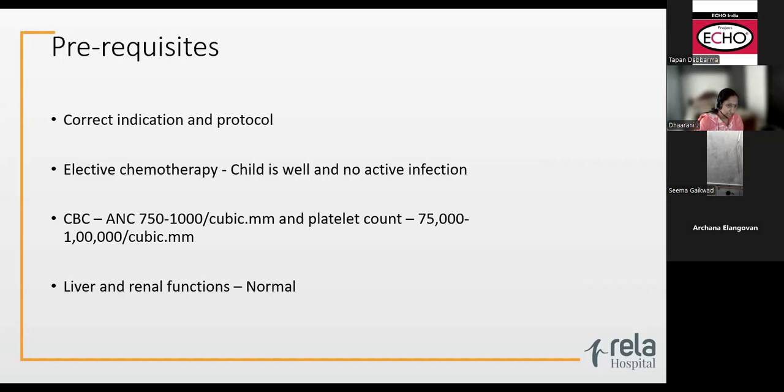We print the sheet, discuss it with the parents, keep it in the file or with the parents, and keep labeling the dates. So that in week 1 the patient gets these drugs, in week 2 the patient gets this drug. If any of the drugs is skipped or added, then we make a note in the protocol. So the correct indication and correct protocol is very, very important.